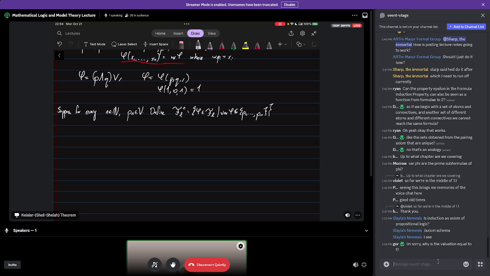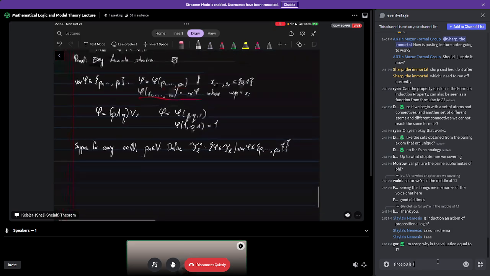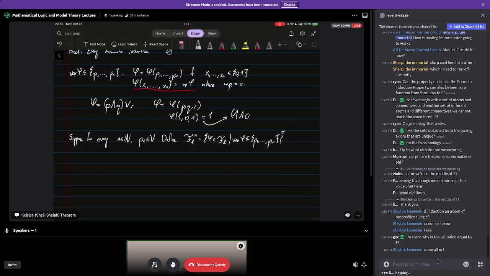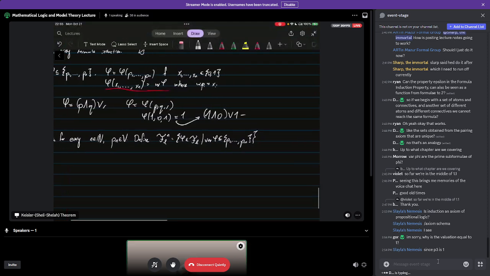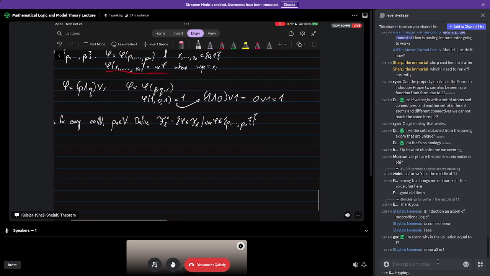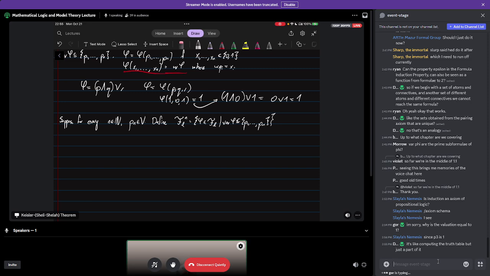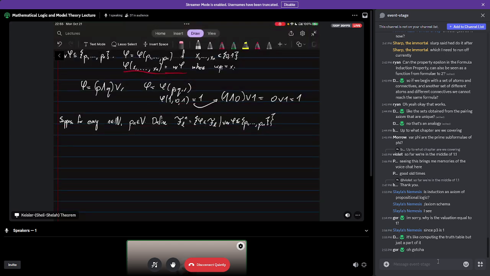Oh, why is the evaluation equal to 1? Because if you look at this, I get 1 and 0 or 1, which is going to be equal to 0 or 1, which is equal to 1. Okay, so F_L(n) is just all the formulas whose variables are contained in P1 through Pn.